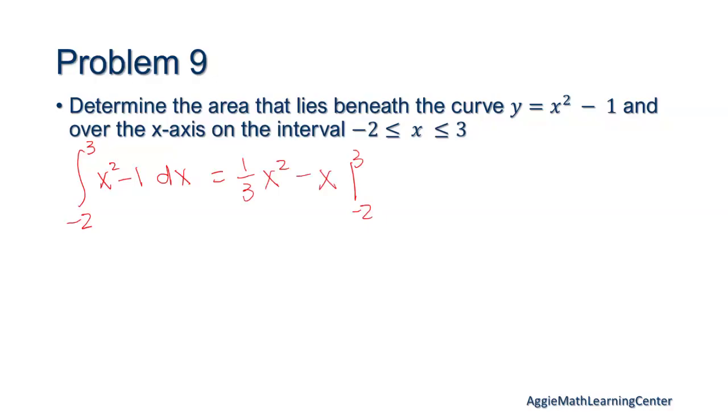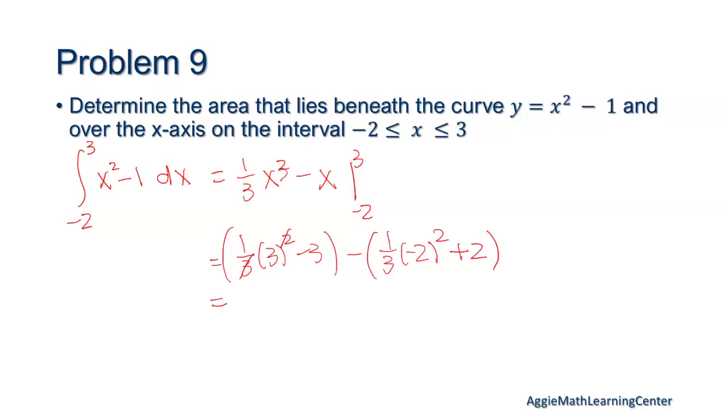So then to evaluate this, we will have 1/3 3 cubed minus 3, minus 1/3 -2 cubed minus -2, so we'll add 2. And then I'll simplify this so we can divide out a 3 right here. Oh wait, that should be cubed.